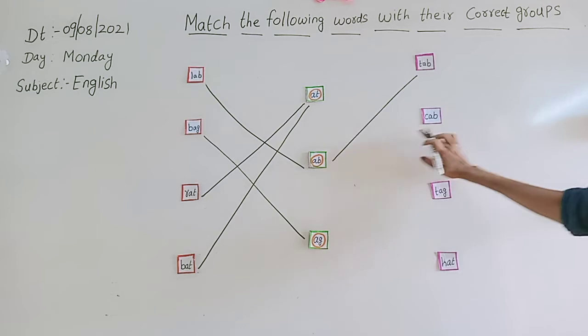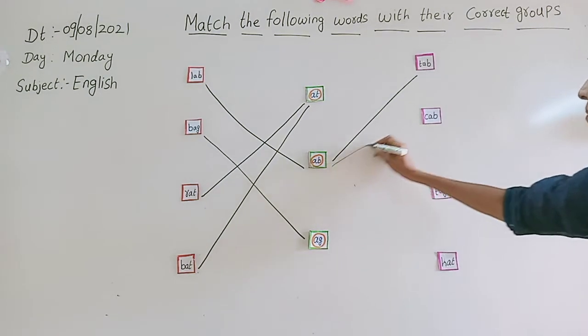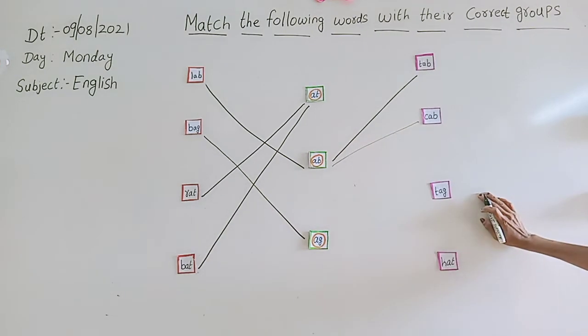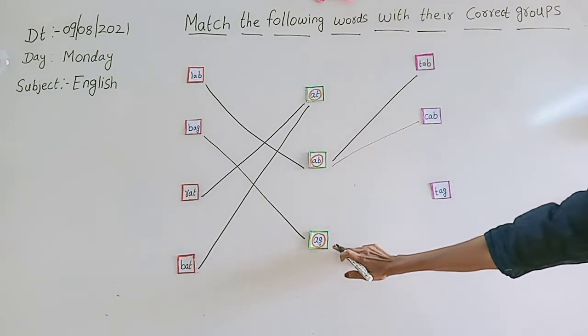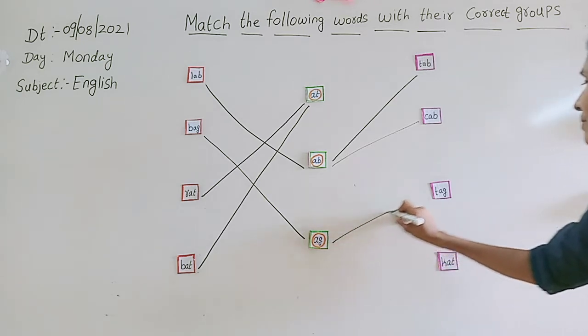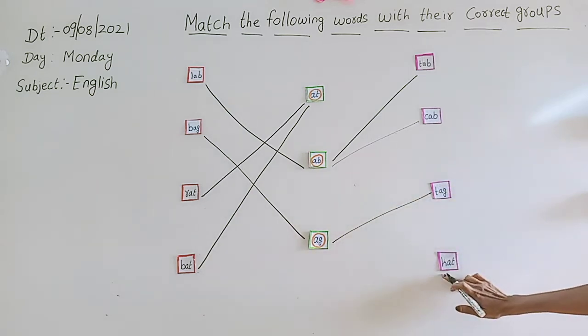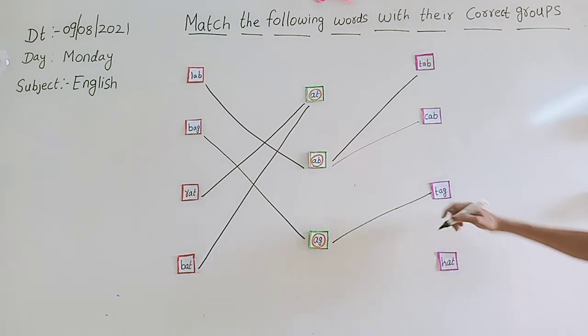C-A-B cab. Again A-B ab. Yes? Now A-G ag. T-A-G tag. Like this way you have to match. Then H-A-T hat.